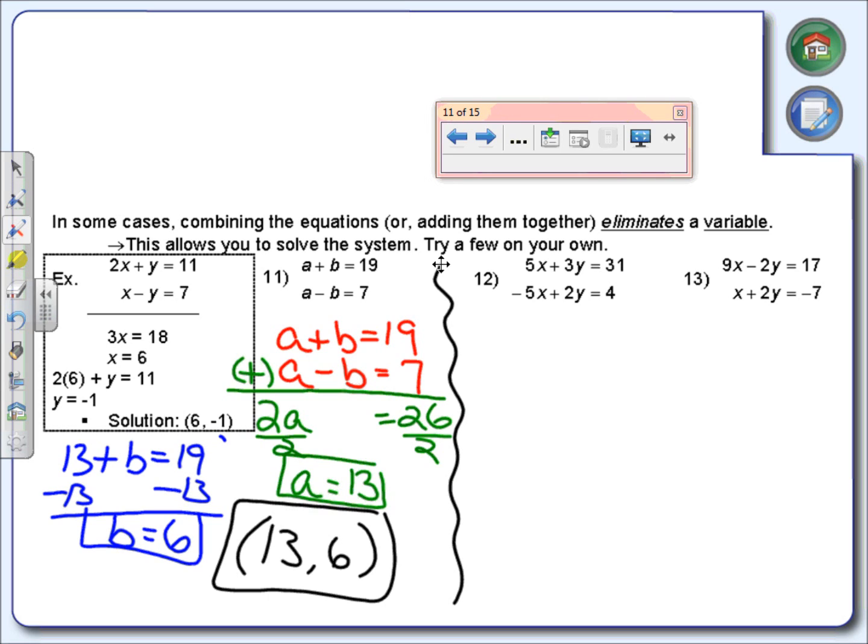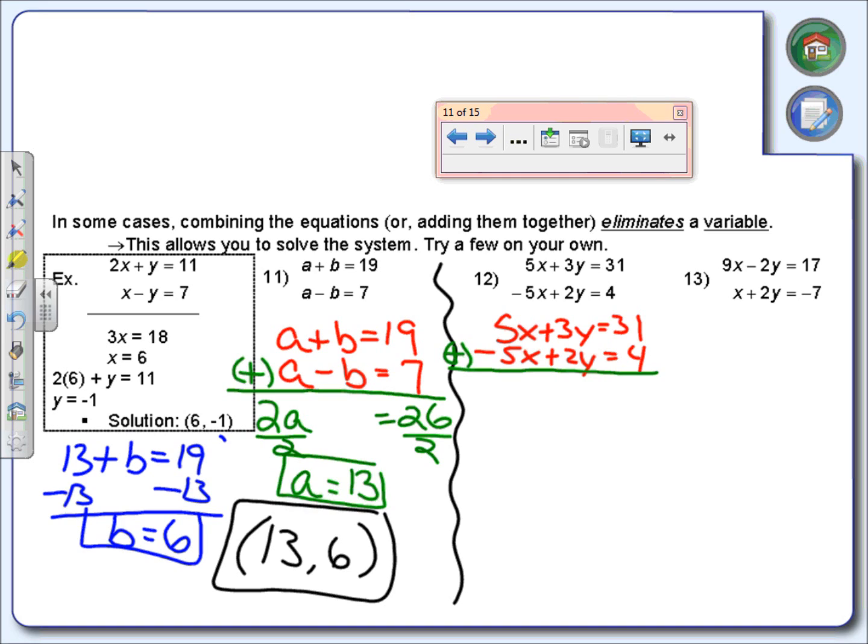Let's try number 12. Here's the system we're working with. Just like we did with 11, we're going to add the two equations together. 5x plus a negative 5x is a 0.